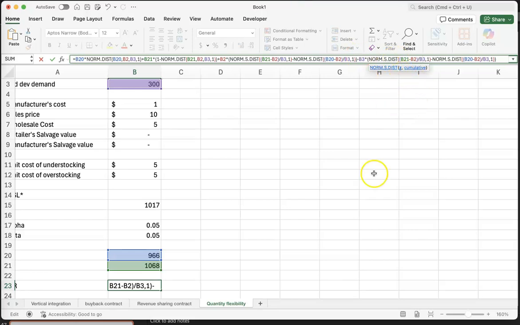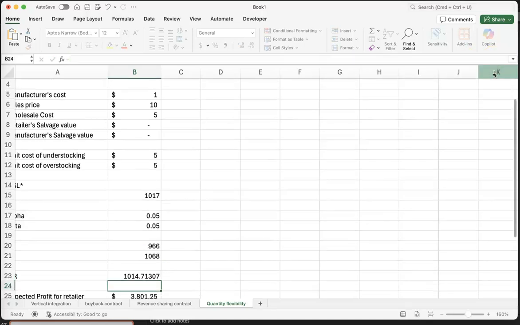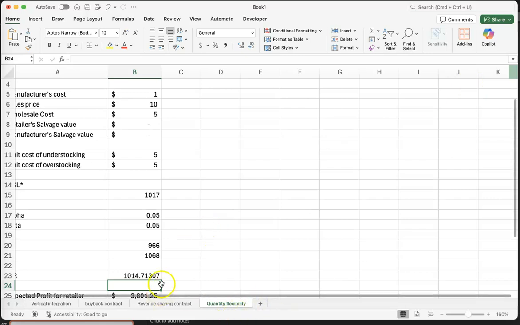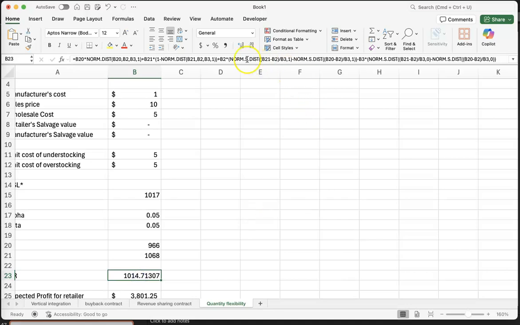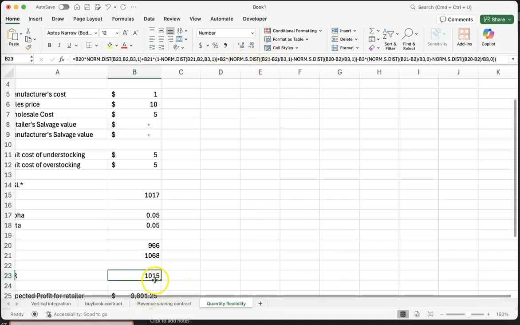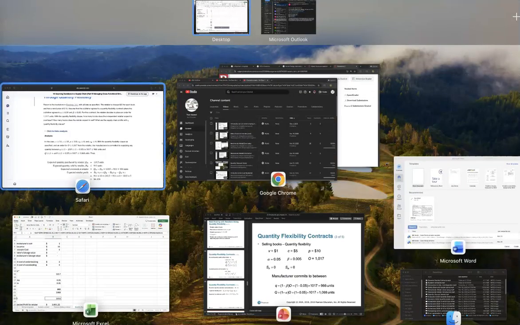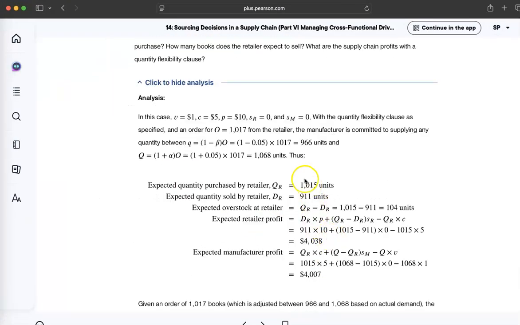So this time, it's just going to be comma 0 here and comma 0 here. That's the only difference. So that's the value of QR, 1,050.